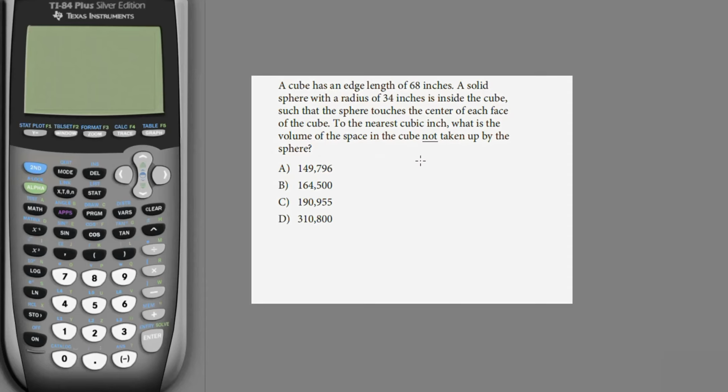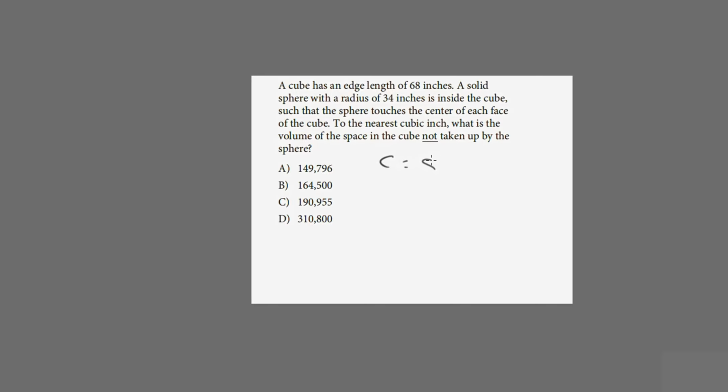Alright, so guys, this question is under measurement, so we are going to need the formulas for the volume of a cube and a sphere to be able to solve this. So let's begin with getting the formulas for their respective volumes. The volume of a cube, the formula is side length cubed, since in a cube the sides are equal.